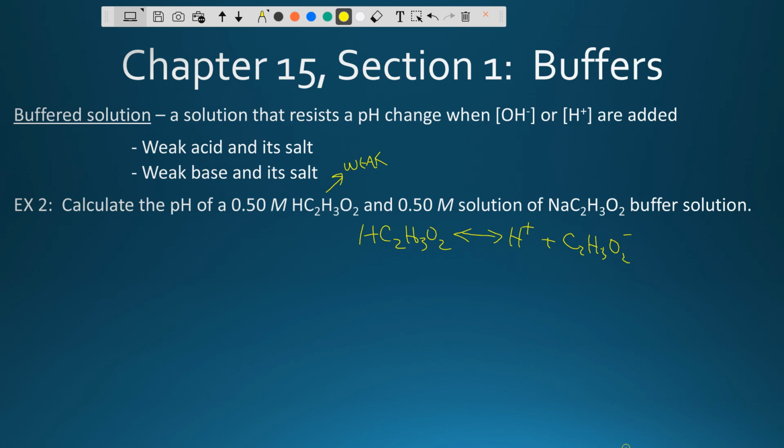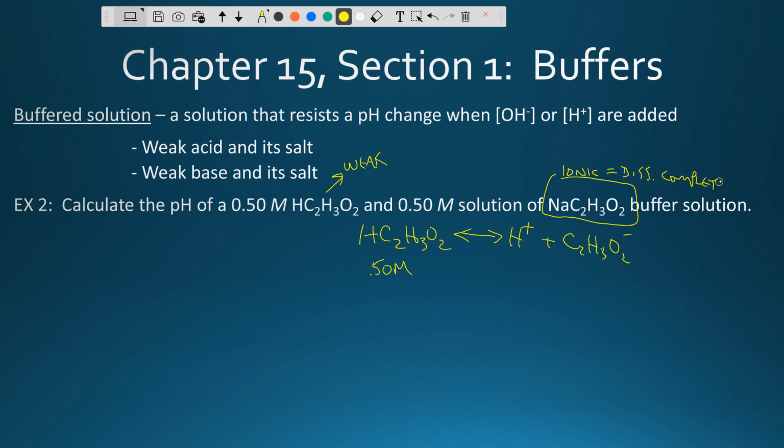Notice that we started with a 0.50 molar solution of it. But now we're going to be adding in also some of my sodium acetate. Now this is an ionic compound, so what happens when they're ionic? It dissociates completely.